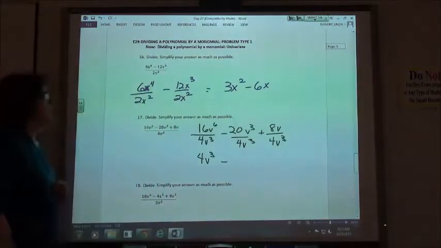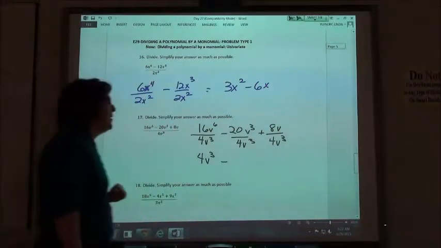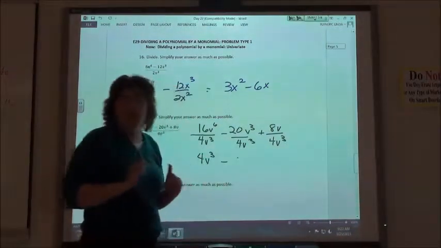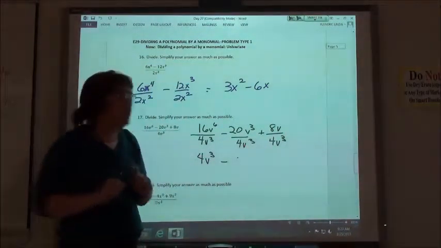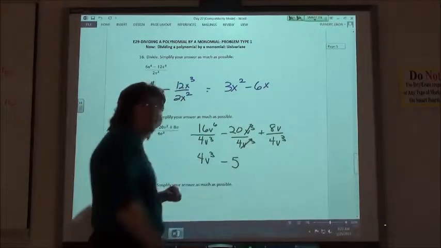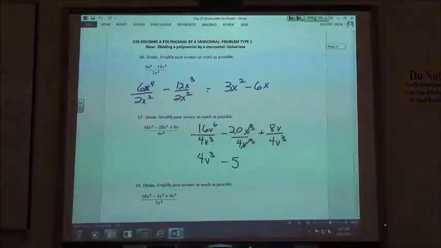Minus 5v, now what's going to happen with your v's? They cancel out. I'm just going to get minus 5 because 3 minus 3 is 0, so they cancel each other out.